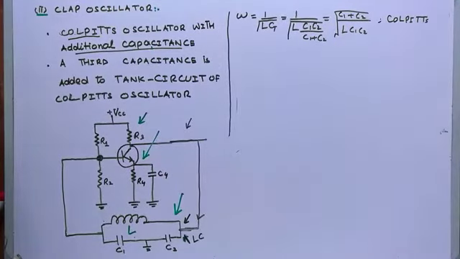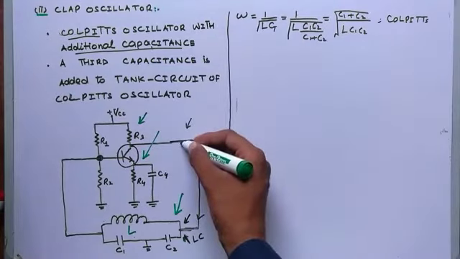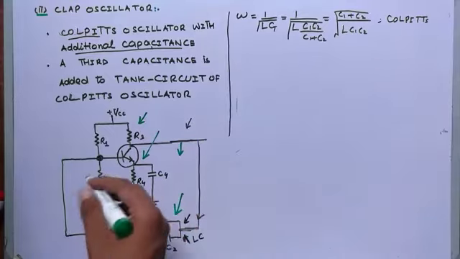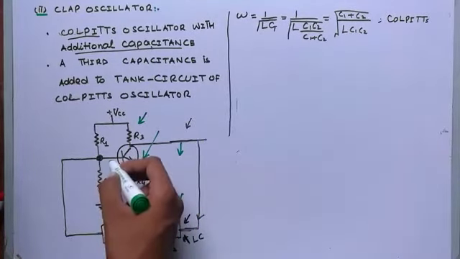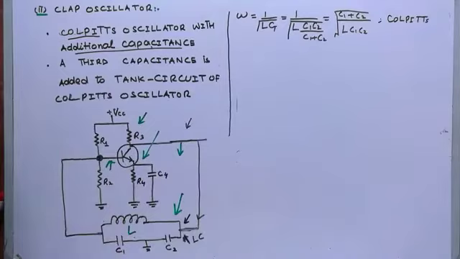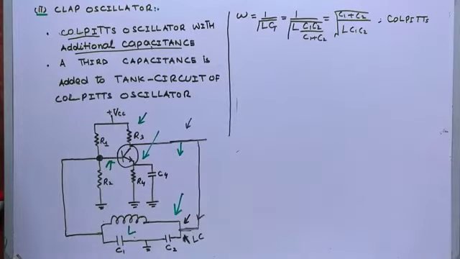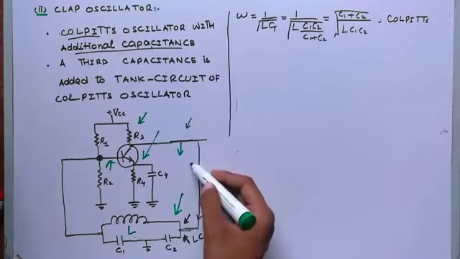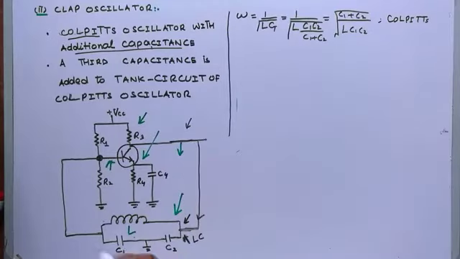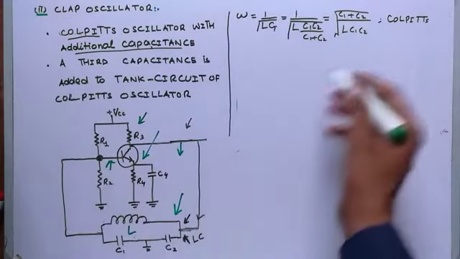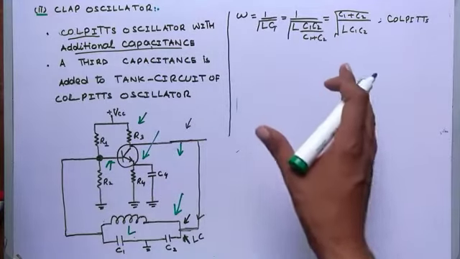Now if you revise your AC analysis, you see that there is a capacitance at the output of the amplifier, and there is also a capacitance present at the input of the amplifier. So the input and output capacitances of the amplifier may come into play and will affect C2 and C1, so that C2 will be in parallel with the output capacitance and C1 will be in parallel with the input capacitance, and ultimately omega will not be constant.